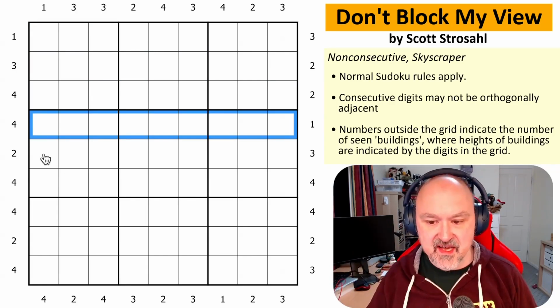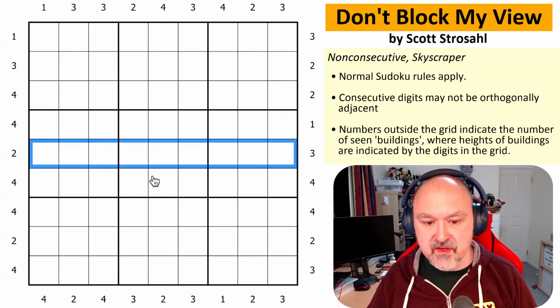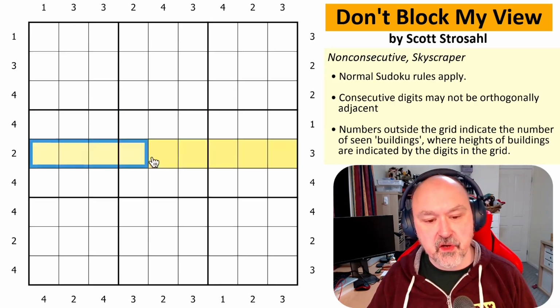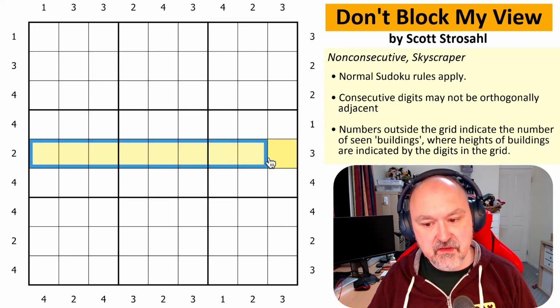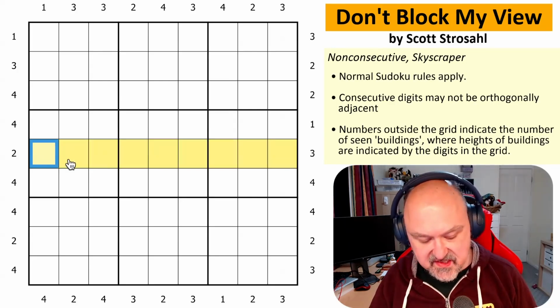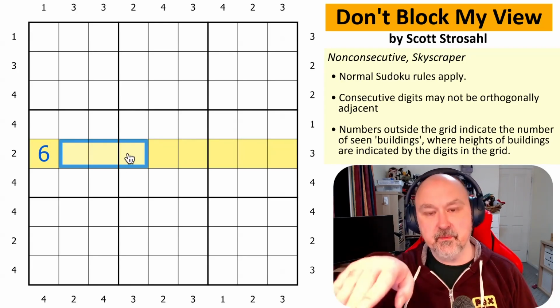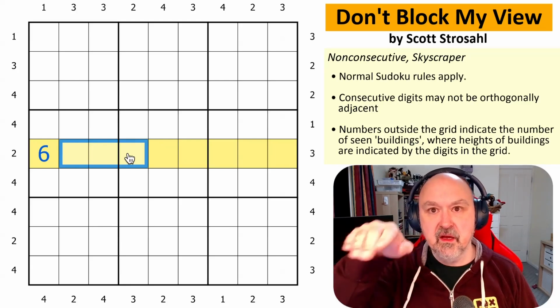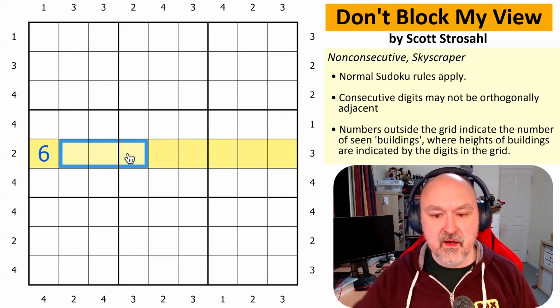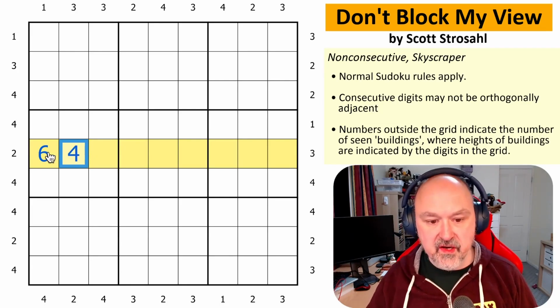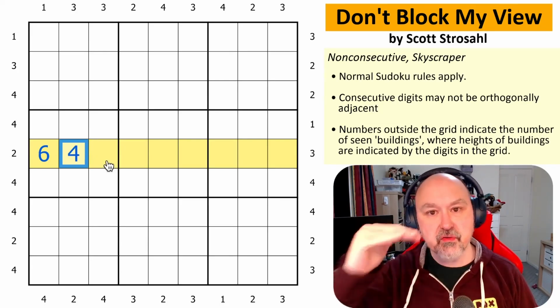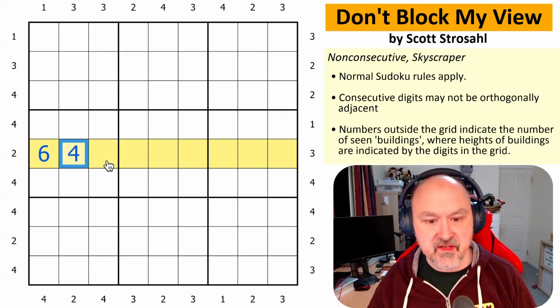So as an example, let's use this row. So I'm going to use row 5 as an example. This is a 2 clue. So what we know from that is in this direction, you will be able to see 2 buildings. Now, if this building was a 6, then any building that is higher than it after that would be visible, because if you're looking at a building, if we were to put, say, a 4 under it, and you're looking from this direction, the 4-story building you couldn't see because it's shorter than the 6-story building.